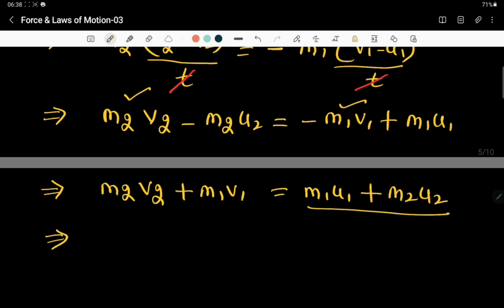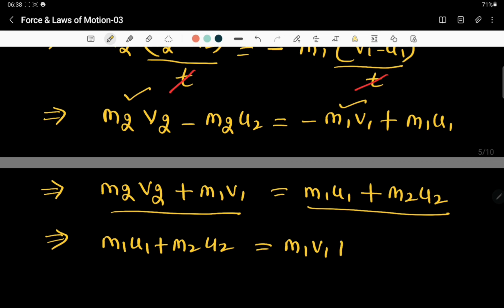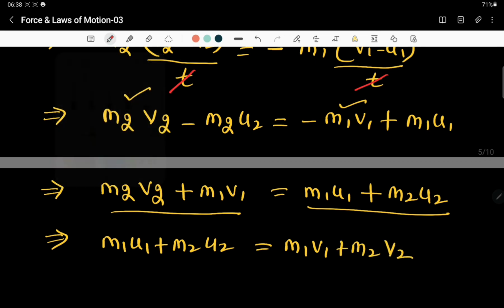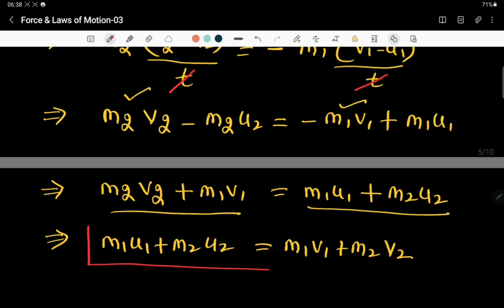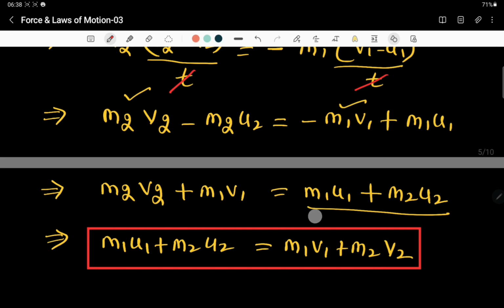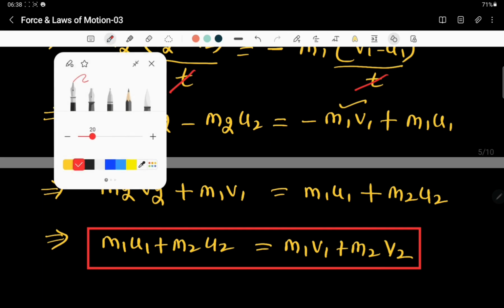You can write this first, so it becomes m1 u1 plus m2 u2, and afterwards m1 v1 plus m2 v2. This is where we started, no? What is the basic meaning of it?